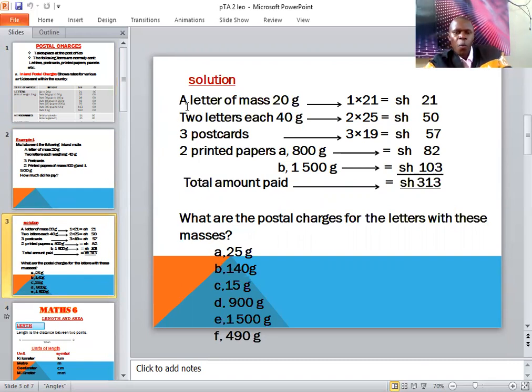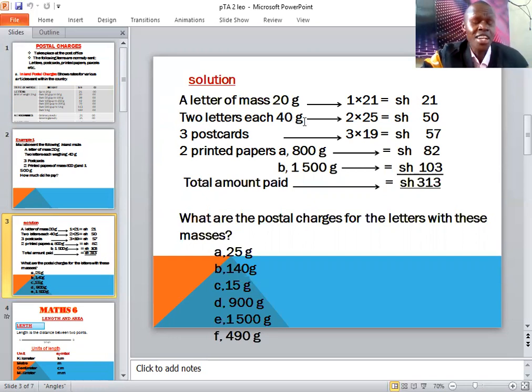Now, we have the first one, a letter of mass 20 grams. We viewed from our table, it was costing 21 shillings. That means 1 letter times 21 shillings. The total amount spent for sending that letter was 21 shillings. 2 letters, each 40 grams.